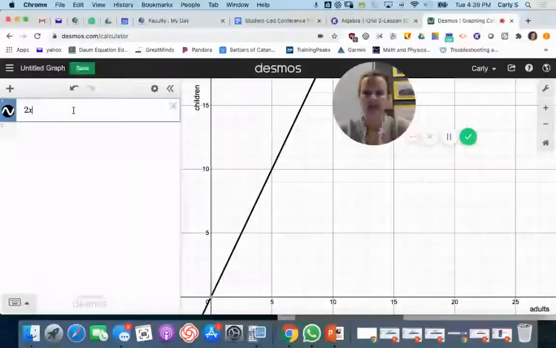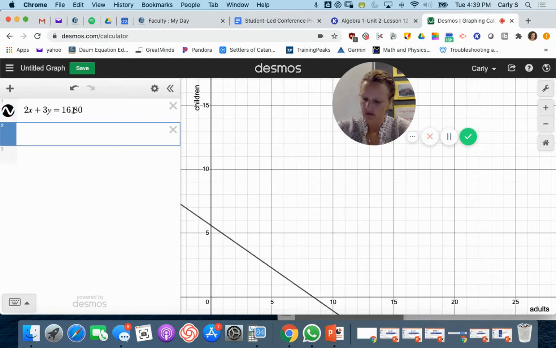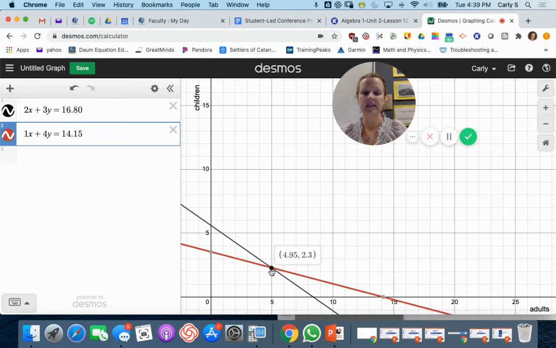So 2x, x is large, plus 3y, y is small, equals $16.80. That's the first person, and then 1x, which we never have to write the 1, plus 4y equals $14.15. We have precisely, how can I buy 4.95 posters? Okay.